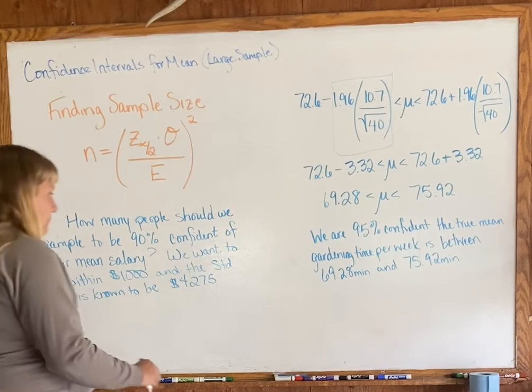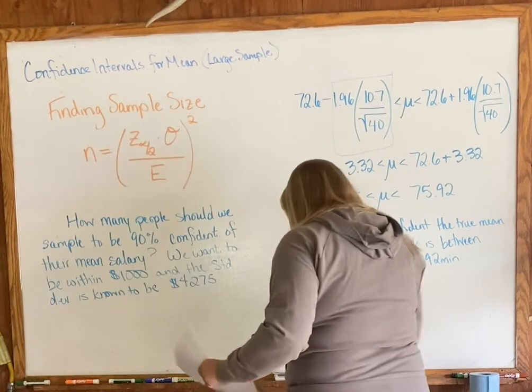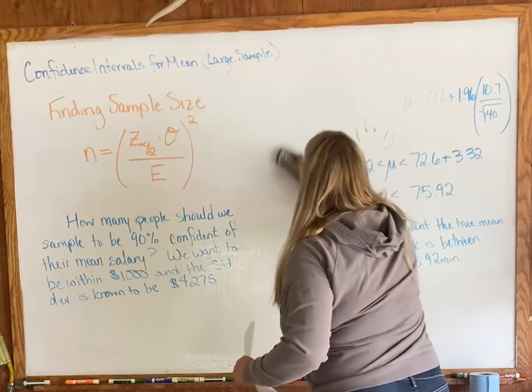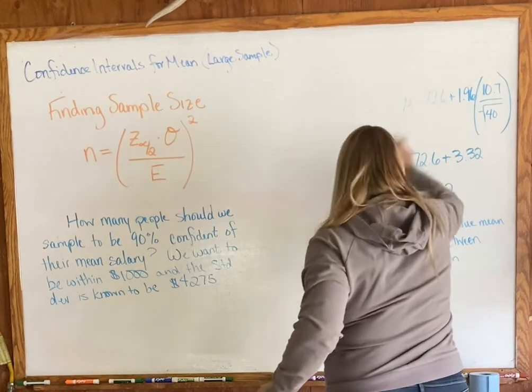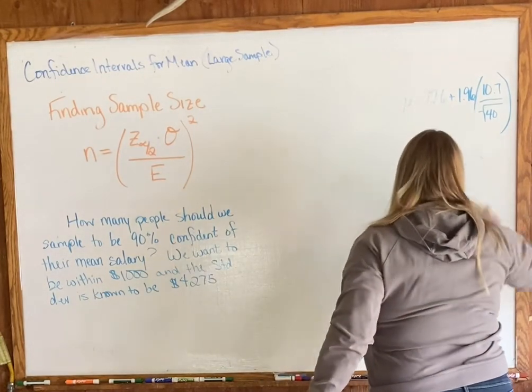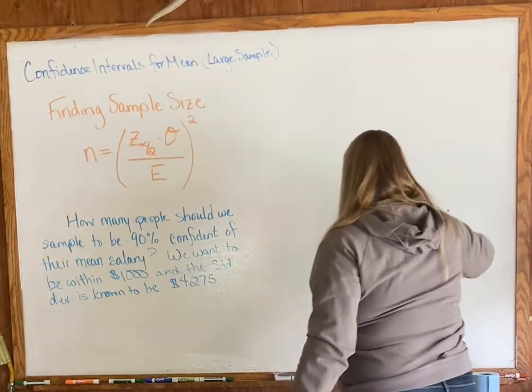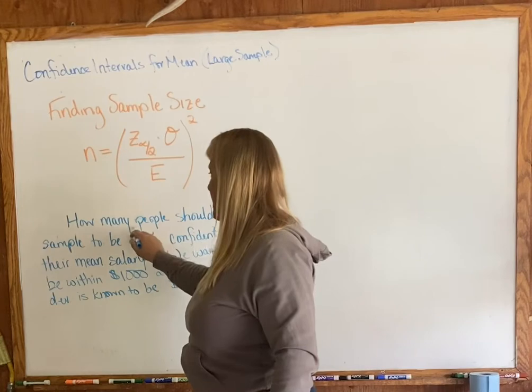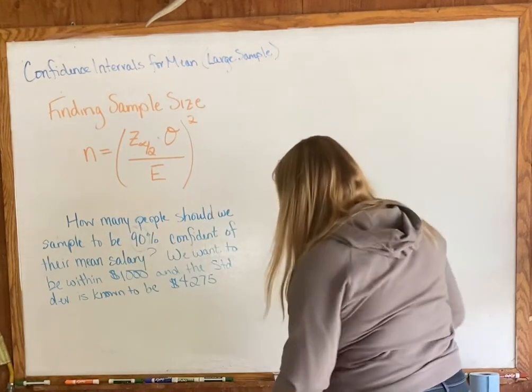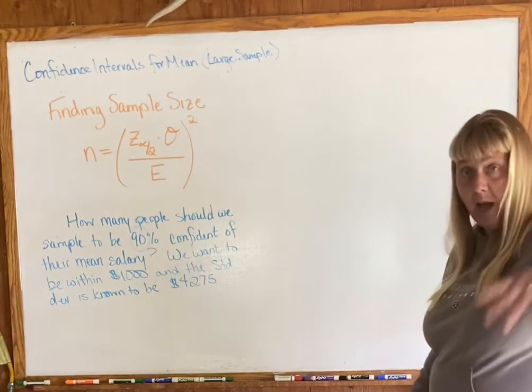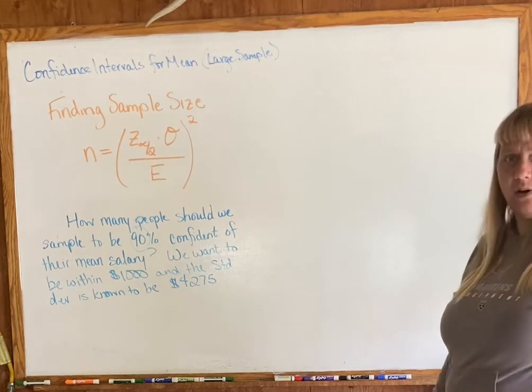All right. Now, as we look at our formula, we notice the first thing in our formula is the z-score. And remember that the z-score we get from the 90% confident. If you think back a couple minutes ago, we actually did this one already, right?